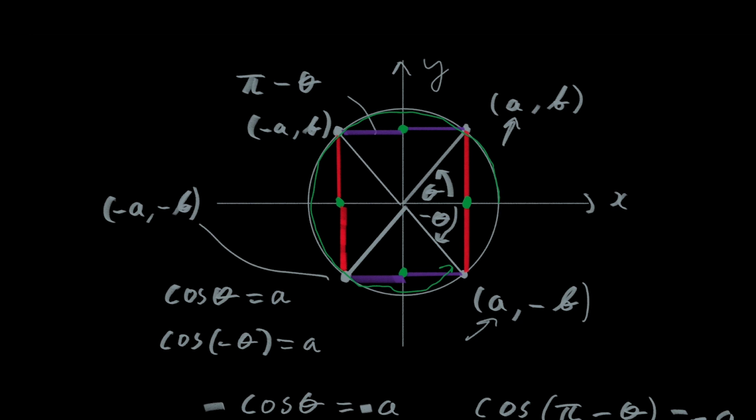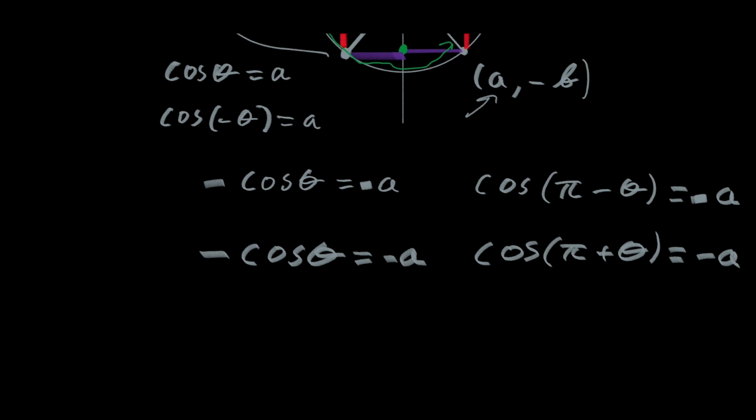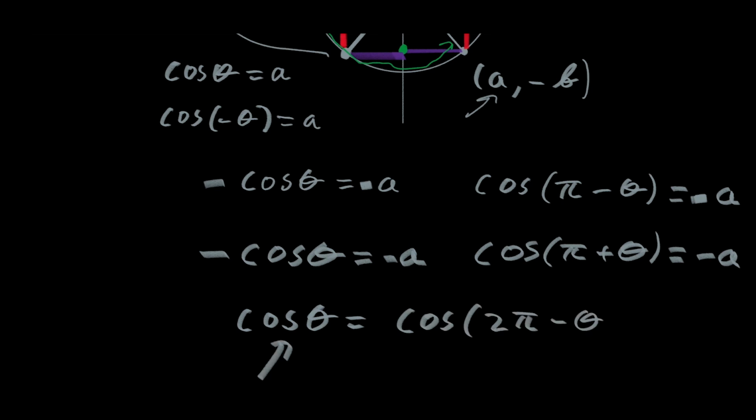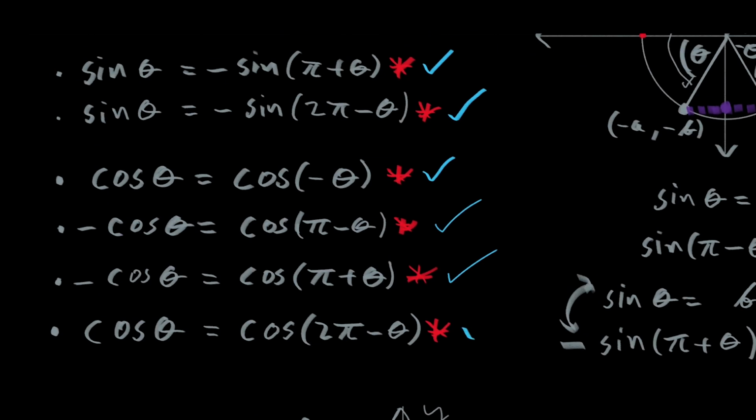So this should be enough to understand intuitively why the cosine of theta is equal to the cosine of 2 pi minus theta, because this one would give us a and this one would give us a, which you can see from the diagram. So that takes care of this one.